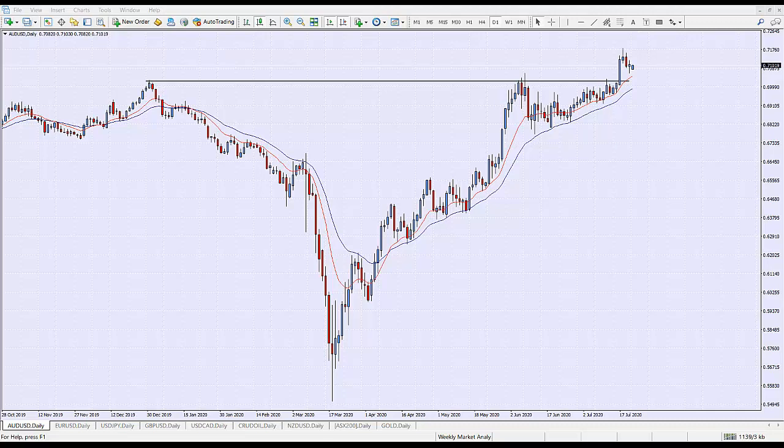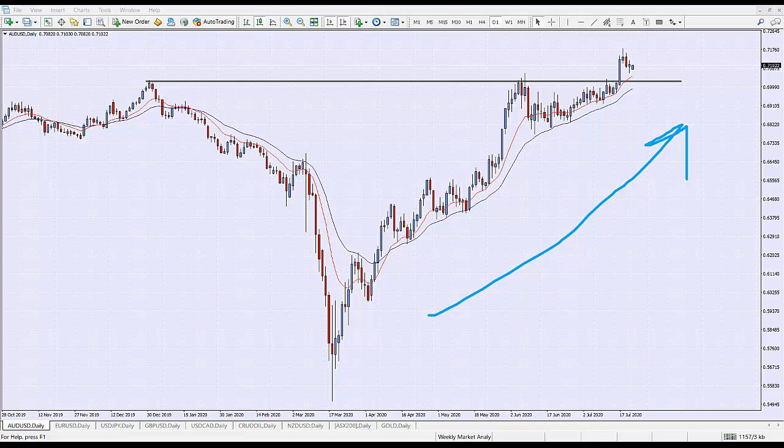So what I would like to do this week is, if I just extend this line out a little bit more, let's place it there somewhere. What I'm looking for, since we have broken through that and the market has started to pull back, it appears that the trend in the upward direction is continuing.